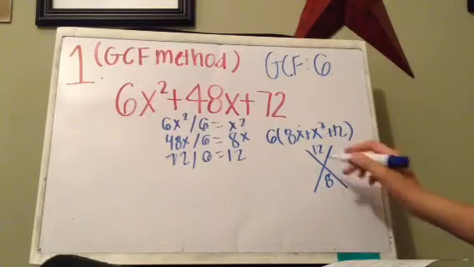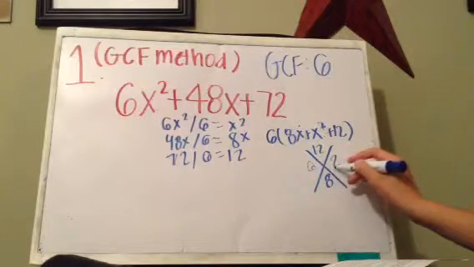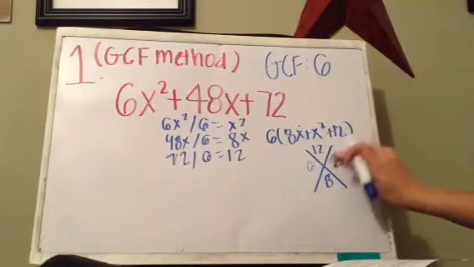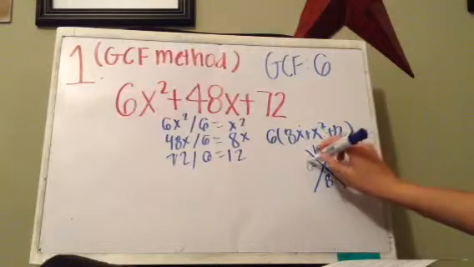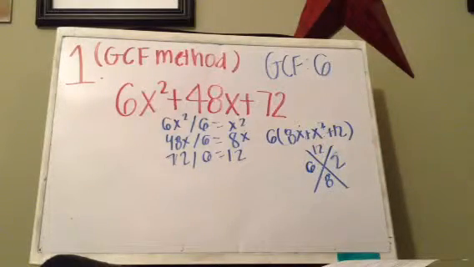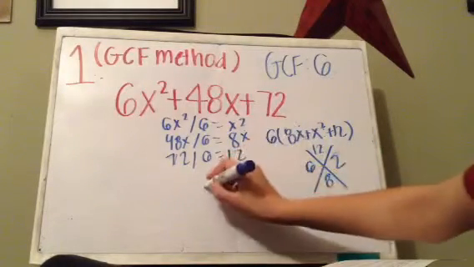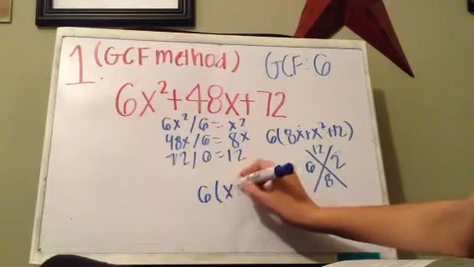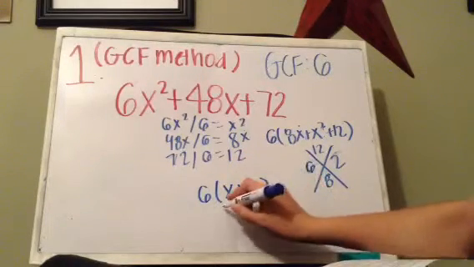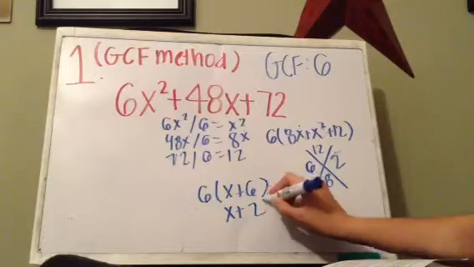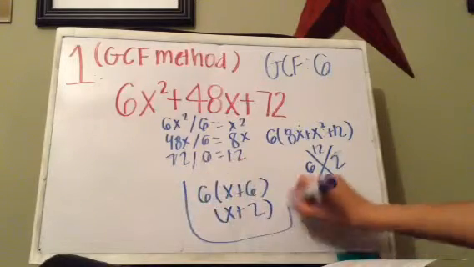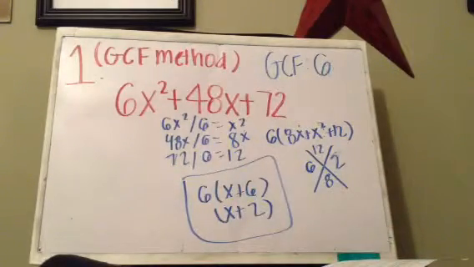And then I know common factors of it are 6 and 2. So my answer will be 6, parentheses, x plus 6, and x plus 2. And that is my finalized answer.